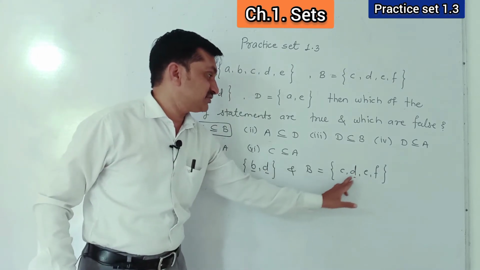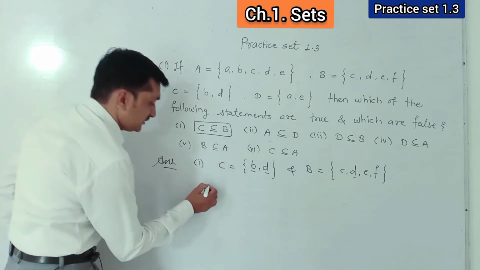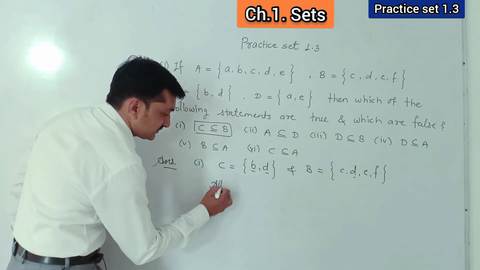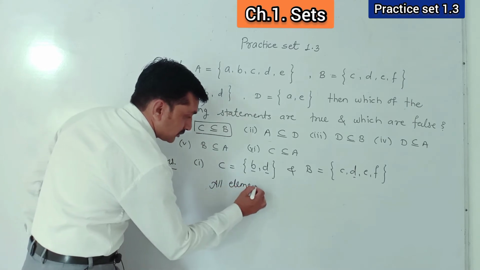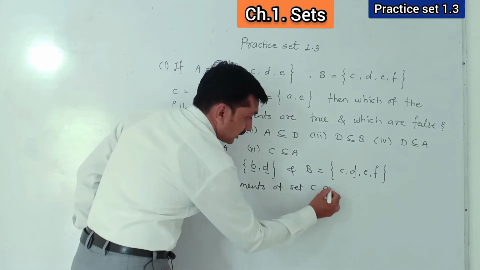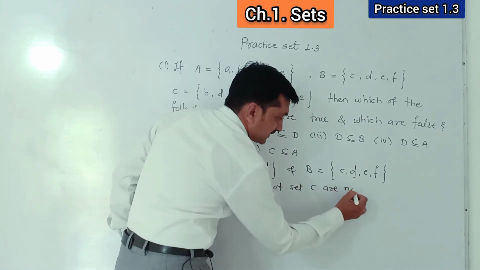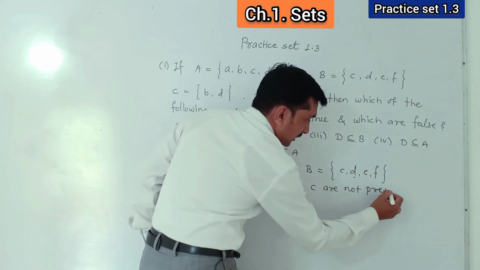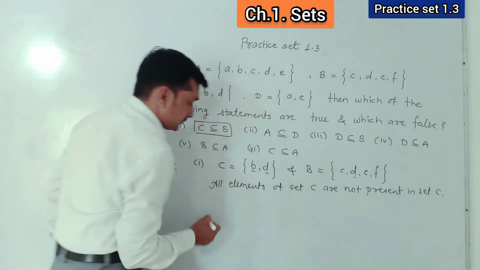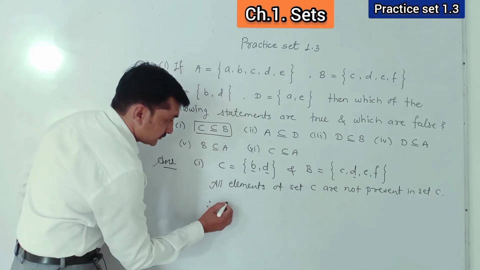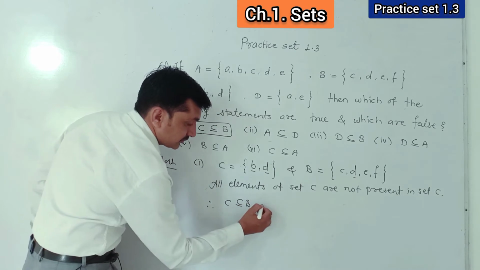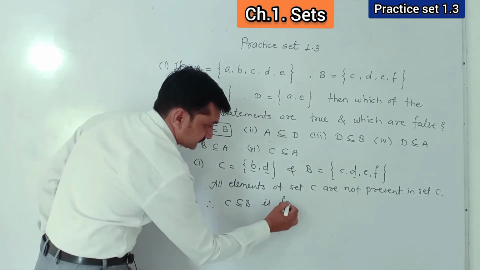D is here, but B is not there. That's why, here we can write, all elements of set C are not present in set B. Therefore, C subset of B is false.